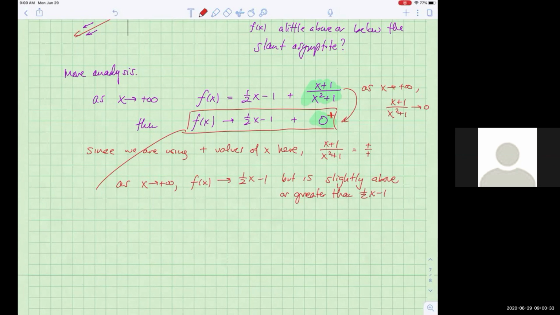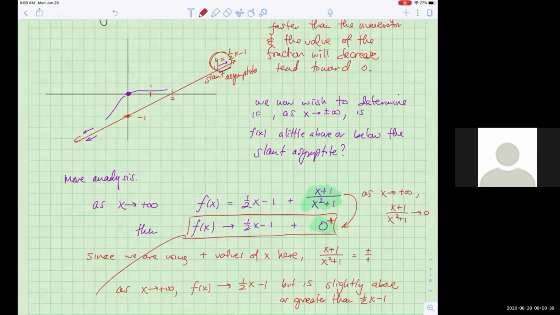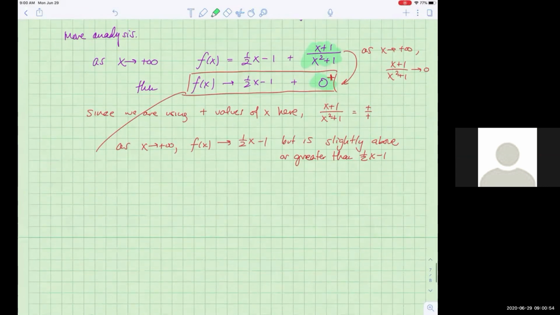This term on the end isn't 0. It's really small and close to 0, but in this case, it's positive. So this curve goes through 0, and then it starts to hug this asymptote, and it stays on the top side of the asymptote.